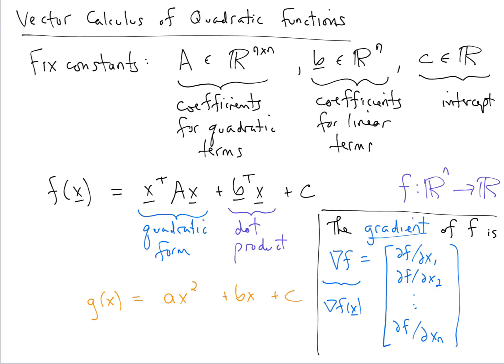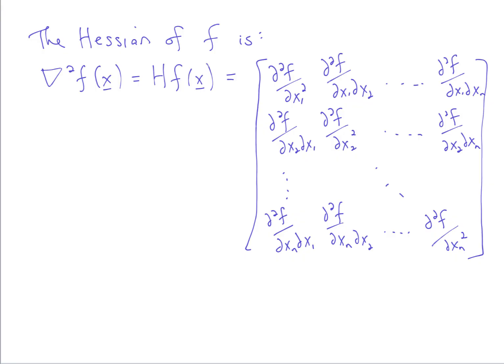For the second derivative of f, we call it the Hessian. And the Hessian of f, usually written as del squared of f of x, del squared as in second derivative, or H of f of x for the Hessian, is this matrix here. This matrix is the matrix of second order partial derivatives of f.